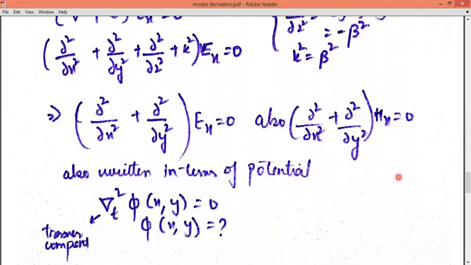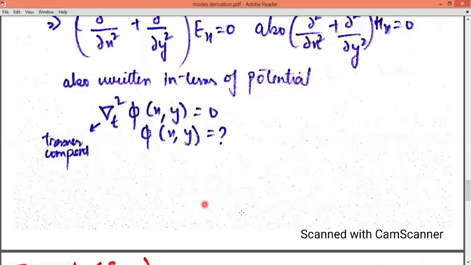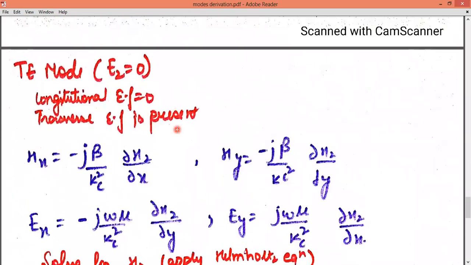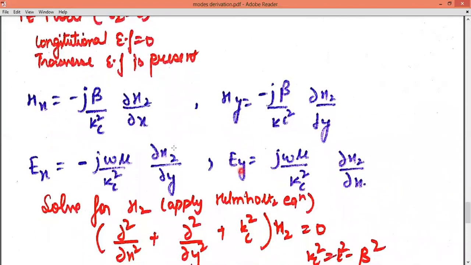Also we can write in terms of potential. For TE mode, Ez equals 0, as the longitudinal electric field is 0 and the transverse electric field is present. Also remember, this means transverse electric mode. Here Hx and Hy are the magnetic components, and Ex and Ey are the electric components.